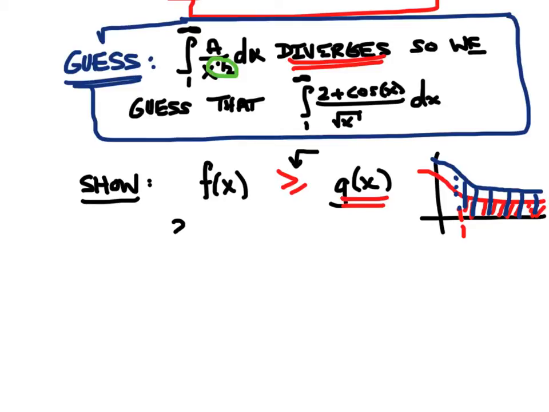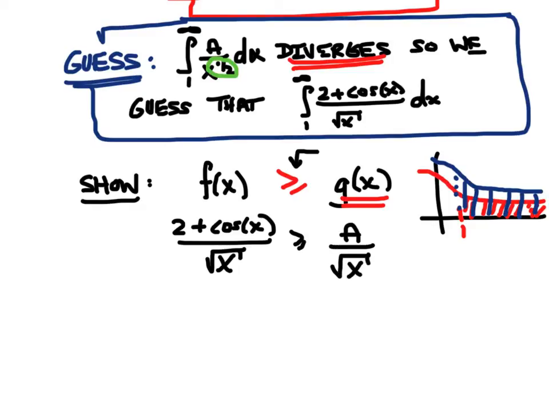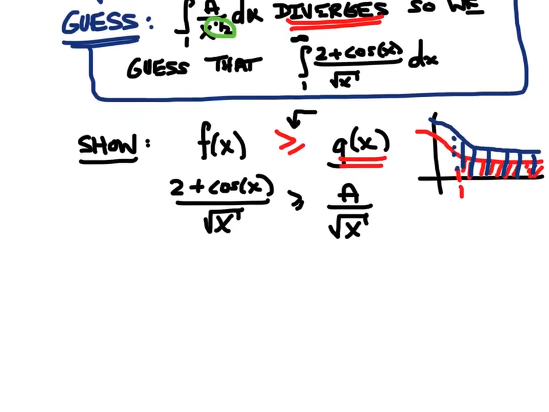In other words, we want to show that (2 plus cosine x) over the square root of x is bigger than or equal to some constant a over the square root of x. So really all that this amounts to is figuring out what constant a to put there.